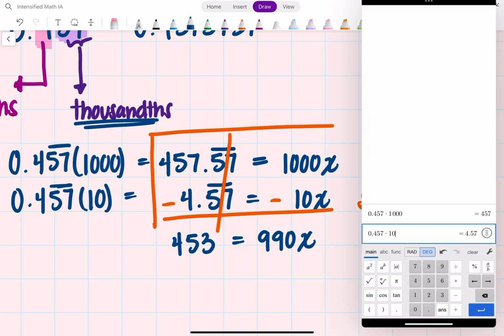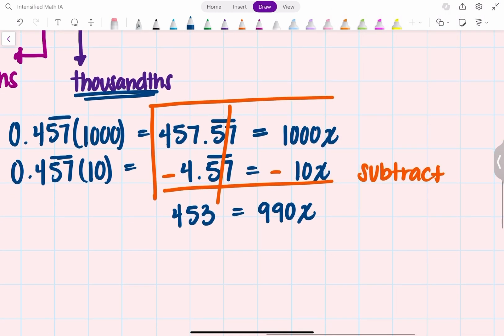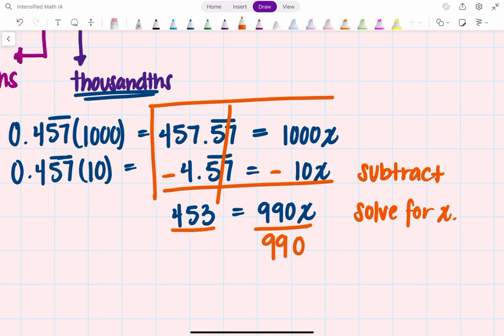If I do 1,000 minus 10, we got that 990, right? From here, the next step is to solve for x. The only way for us to do that is to divide both sides by 990.